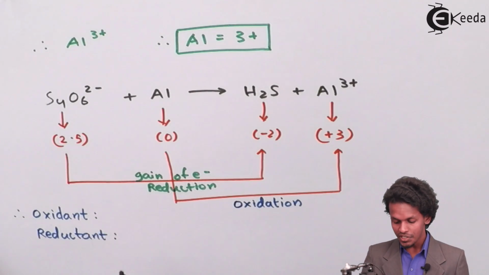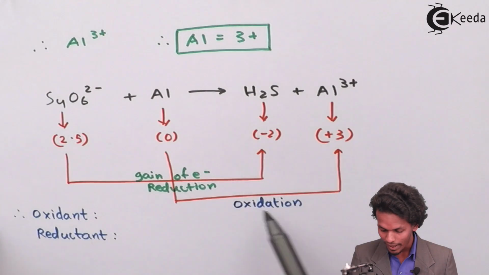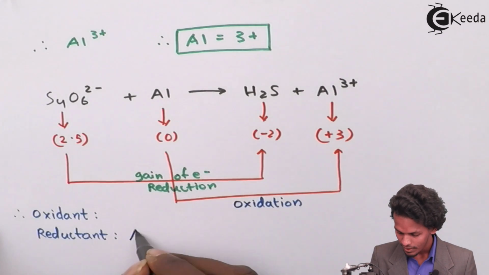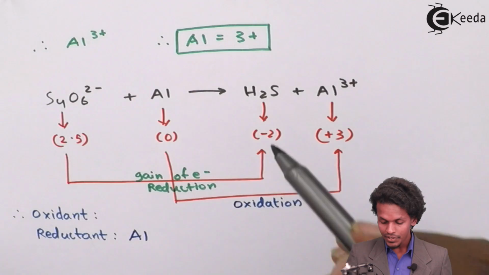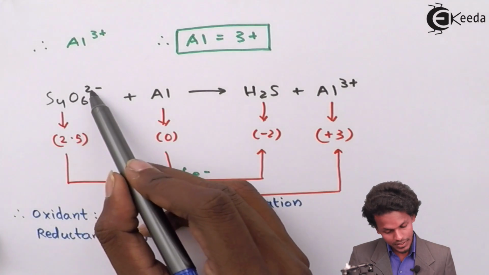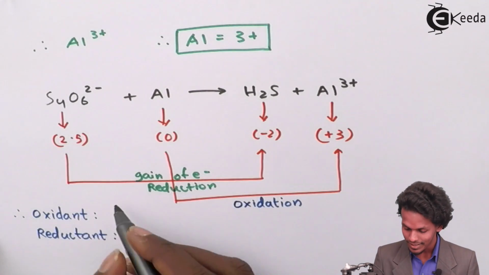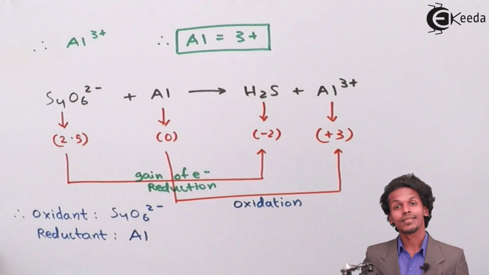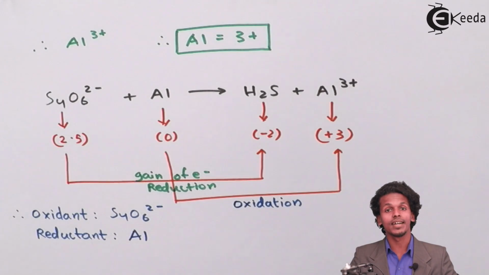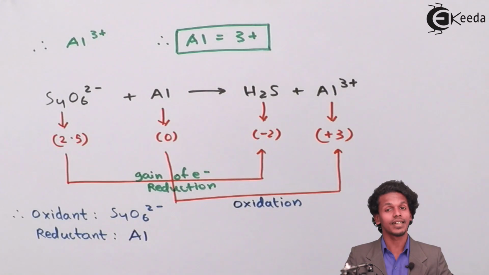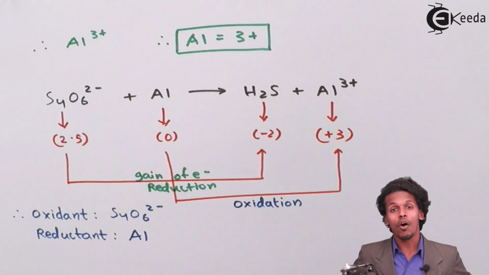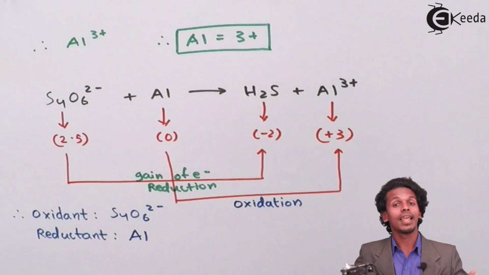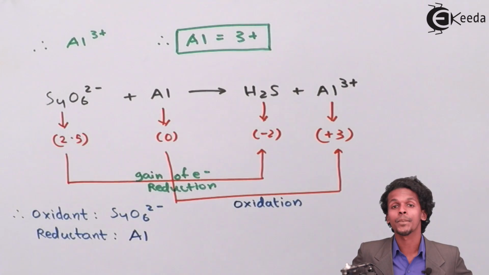So therefore, the oxidation is shown by aluminium, so the reductant will be aluminium, while the reduction is shown by S4O6 2-, that means it is the oxidant. So this is how we have determined which one would be the reductant and which one would be the oxidant in a redox reaction, by taking these 3 examples.